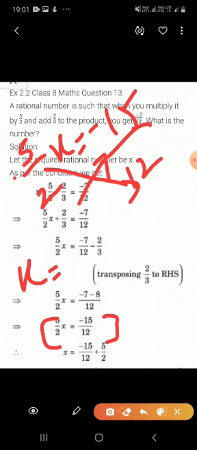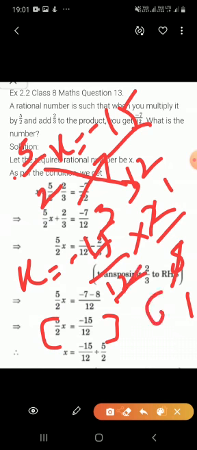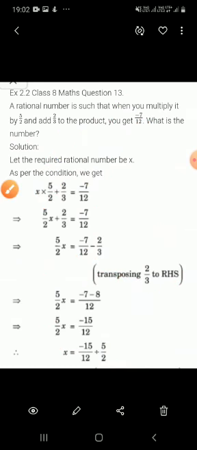So x will be coming out as minus 15 upon 12, 2 will go up, 5 will come down. So the sign will remain minus in the answer. 5 1s are 5, 5 3s are 15, 2 1s are 2, 2 6s are 12. Yes, 3 1s are 3 and 3 2s are 6. So the answer will be minus 1 upon 2. So this is the required rational number.